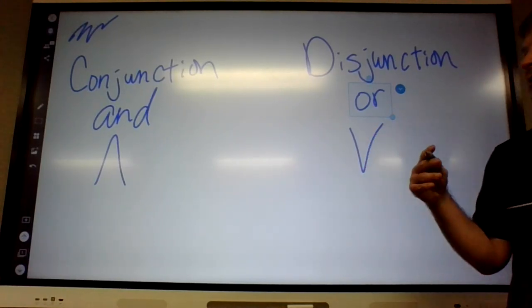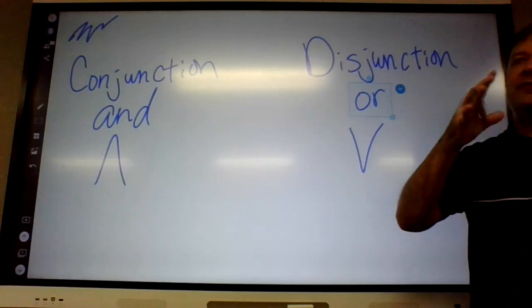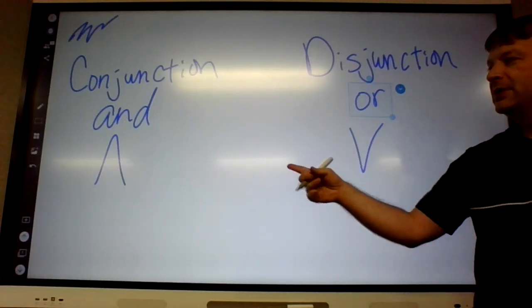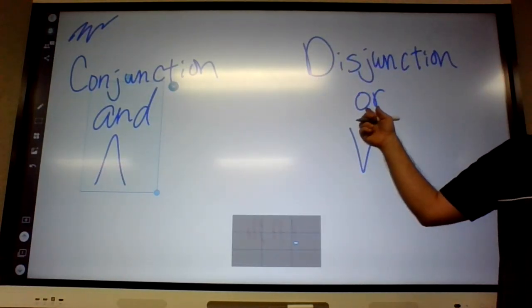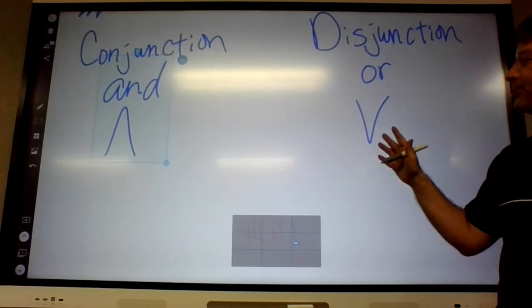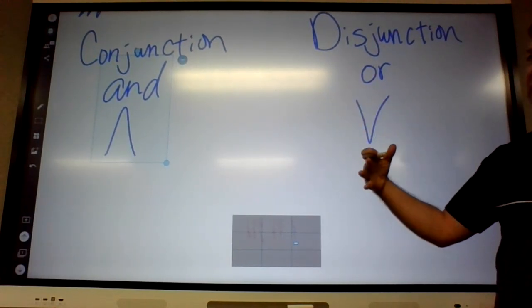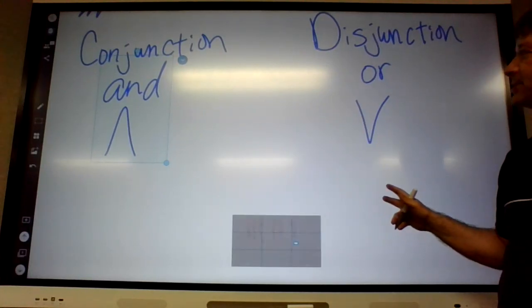That would still be true because or means one of them can be true. They don't have to. And means both of them have to be true, or means just one is okay. So it's more inclusive, more inviting. And is more exclusive because both statements have to be true.